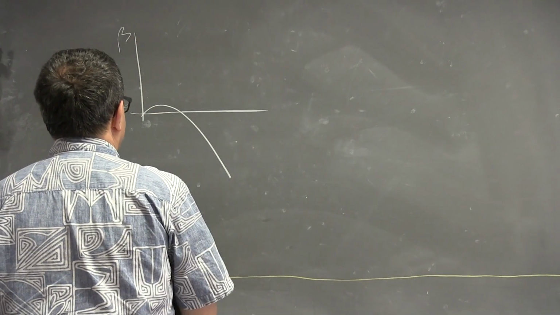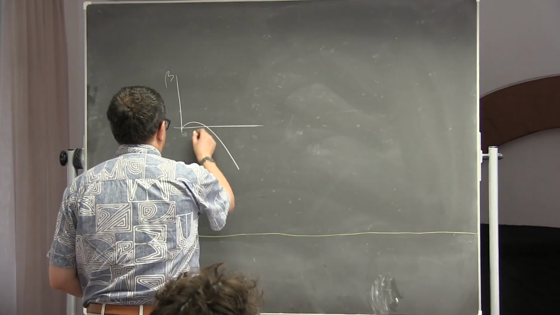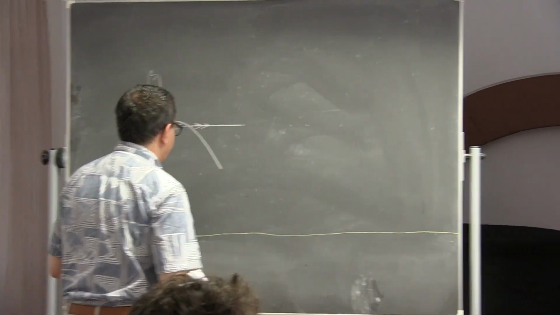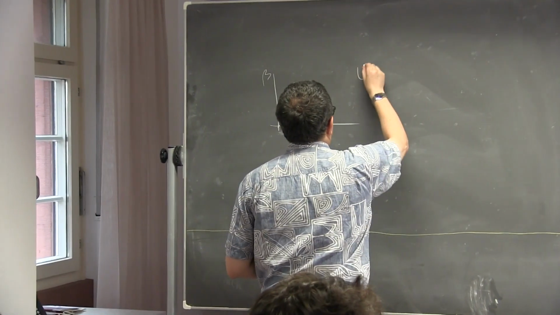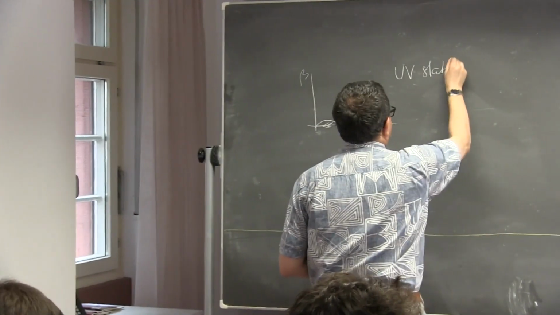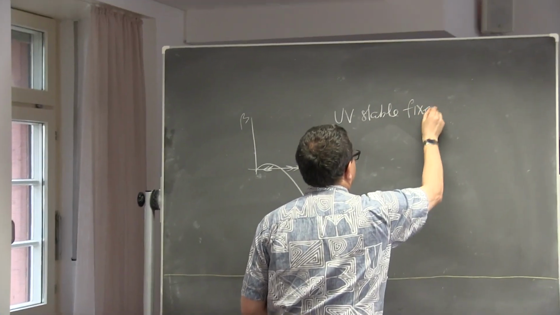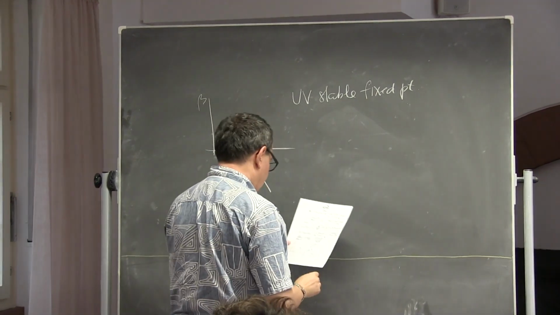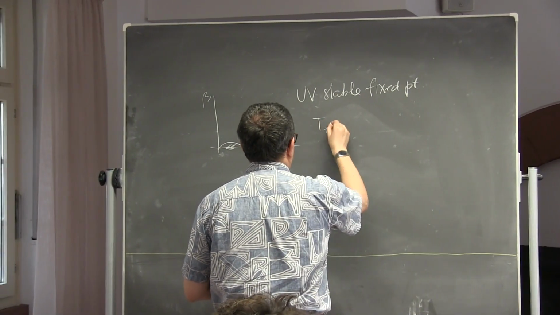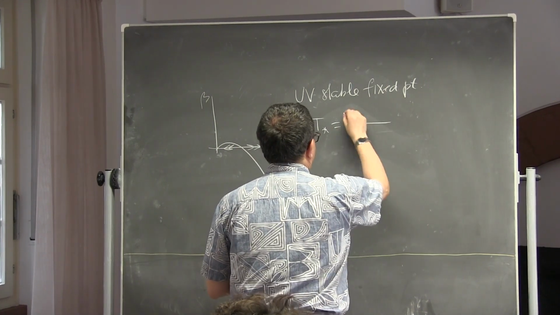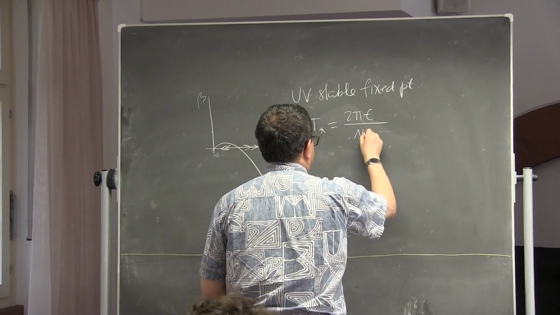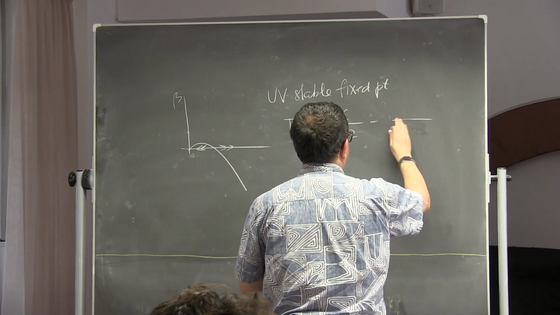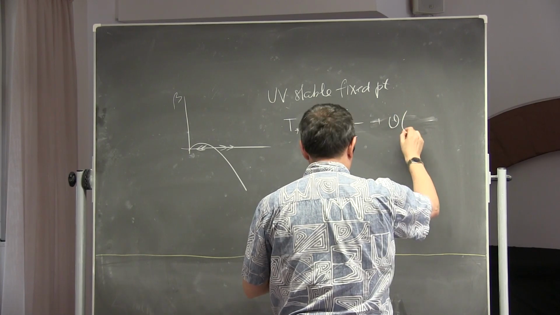The flow lines emanate like this as you flow towards the IR. So you find a UV stable fixed point, which is also weakly coupled because t is small. You find that t star is equal to 2 pi epsilon divided by (N minus 2), plus order epsilon squared.